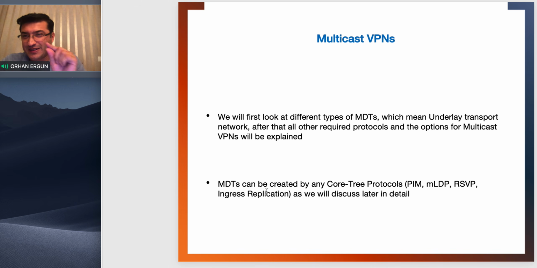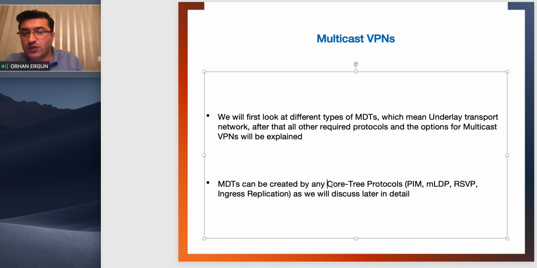MDTs, so multicast distribution trees, can be created by any core tree protocols. I will go through each one of them separately. Core tree protocols: PIM, and PIM also here. A classical MVPN. I was just telling you, in classical MVPN, that PIM function is a control plane to create for us the transport, which means MDT. MDT is transport, guys. Multicast distribution tree means transport.